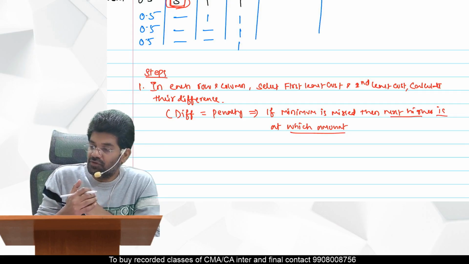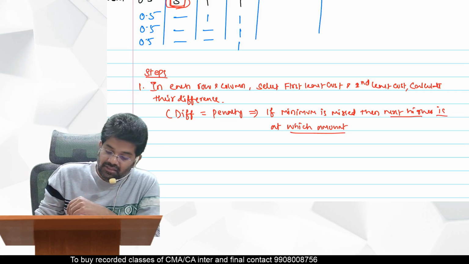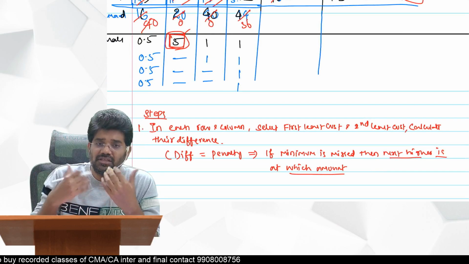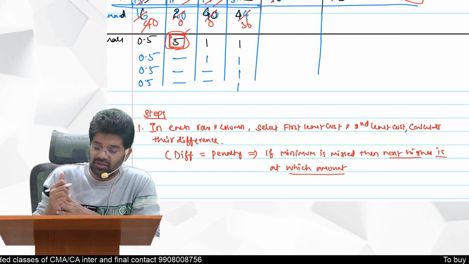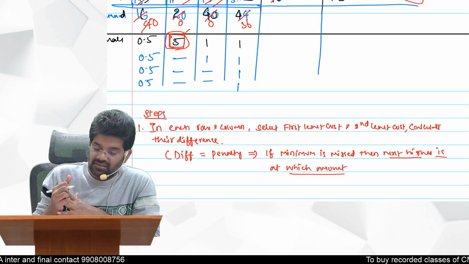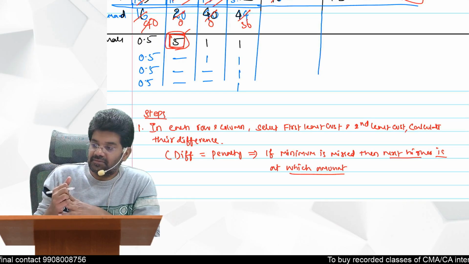That is the meaning of your penalty, or regret, as we call it. If you miss the first one, then the second one. So it is like regret. So that is a penalty here.